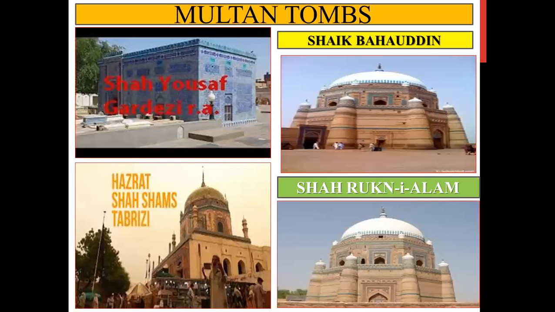Dear students, you can see the pictures of the tombs of Multan: Sheikh Bahauddin Zakaria Multani's tomb, and Shah Rukn Alam. This is the tomb of Shah Rukn Alam. Then Shah Yusuf Gardezi, and this is Shah Shams Tabrez.